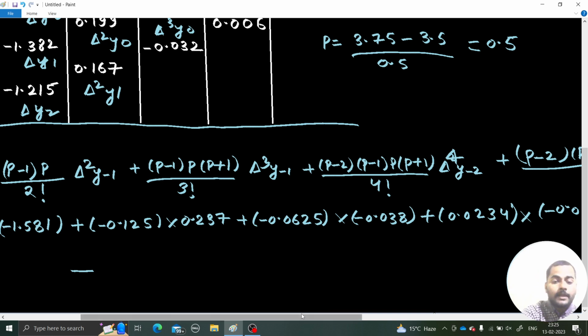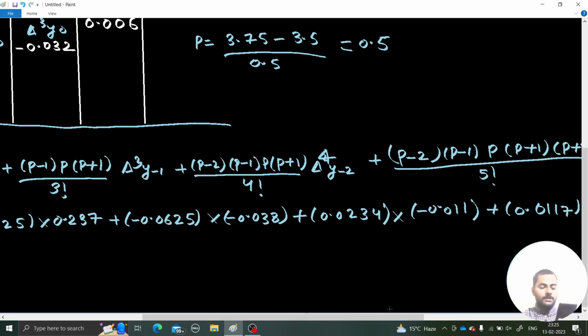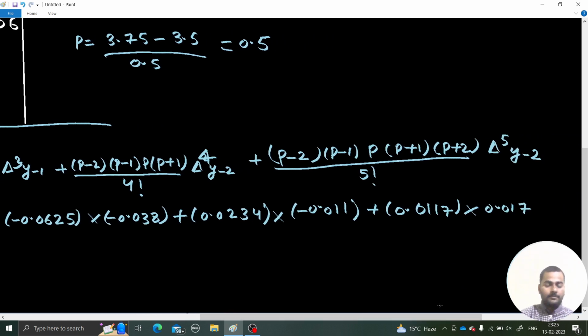Then again, with a minus sign I have 0.0234 multiplied by 0.011, and with that I have positive 0.0117, 0.017.